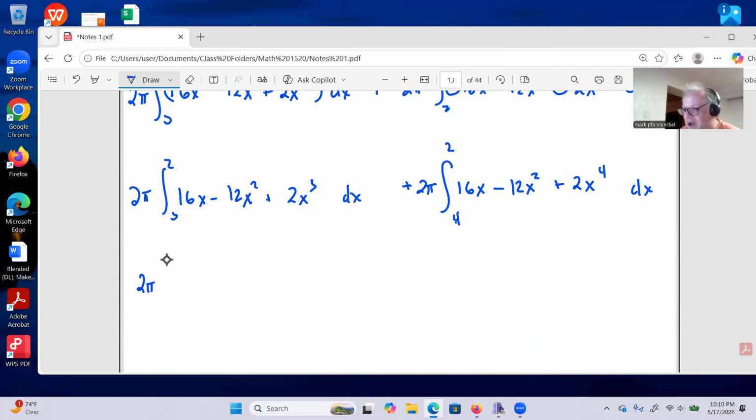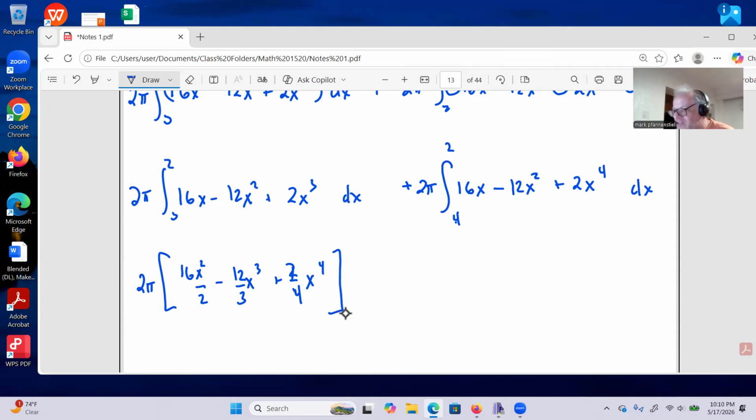So we just have a 2π. Let's go ahead and integrate. So we have 16x squared over 2 minus 12 over 3 x cubed plus 2 fourths x to the fourth. And this is going from 0 to 2 plus, here's a 2π. Integrate.